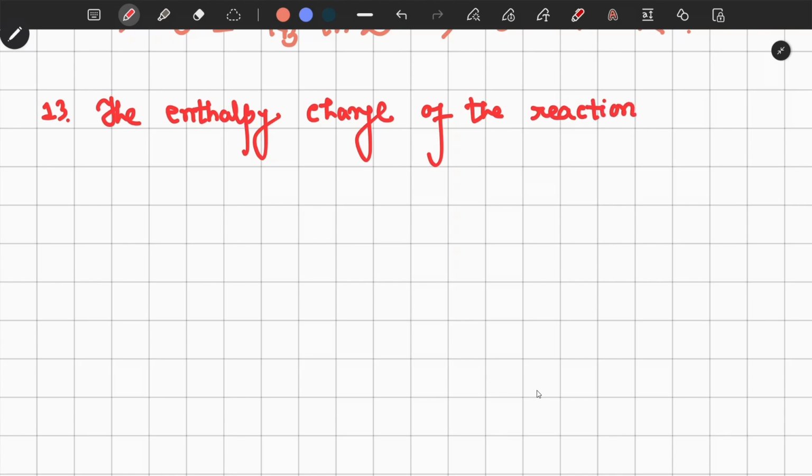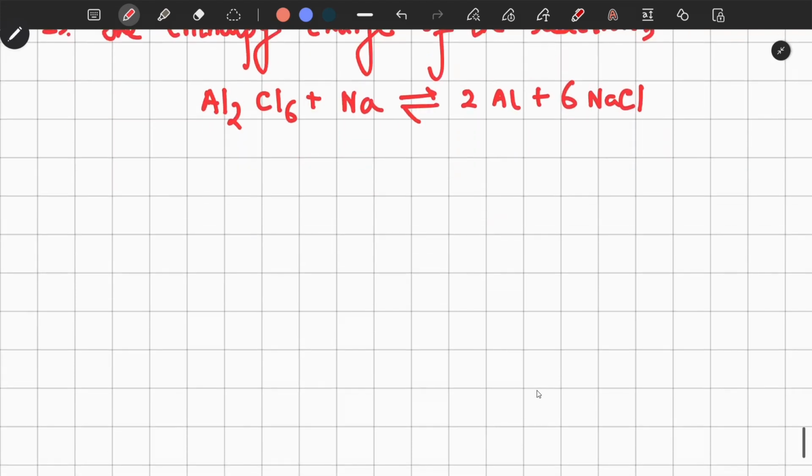of the reaction. Which reaction? Al2Cl6 plus Na goes to 2 aluminum plus 6 NaCl. This is given, the enthalpy change is given, that is minus 250 kilocalorie. So it is an exothermic reaction, right?